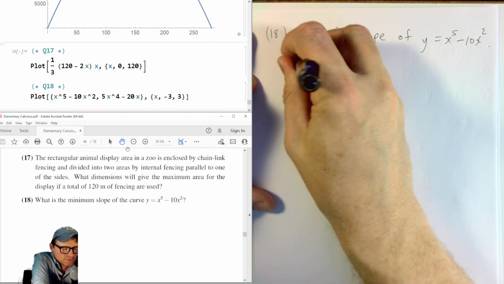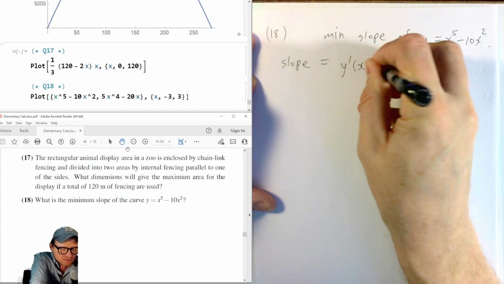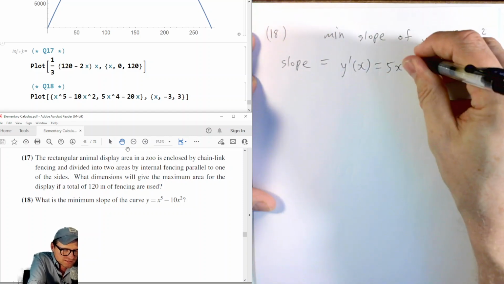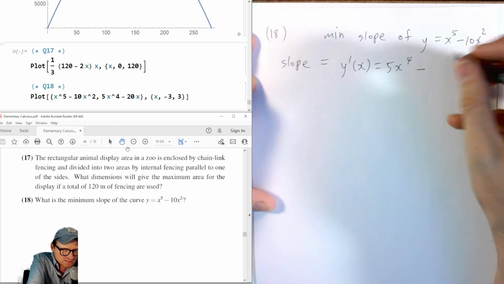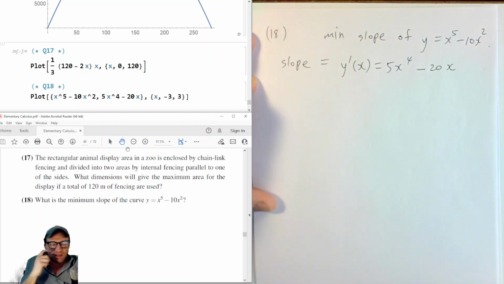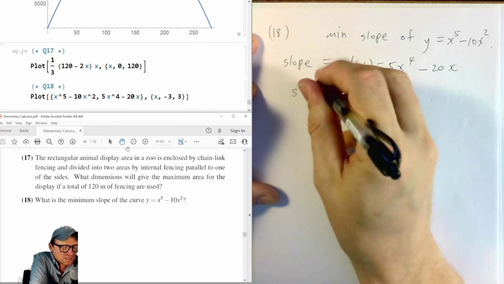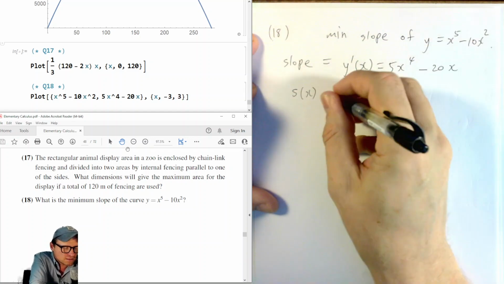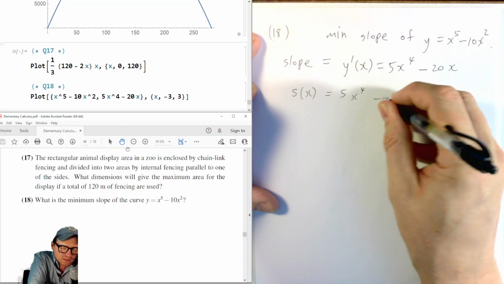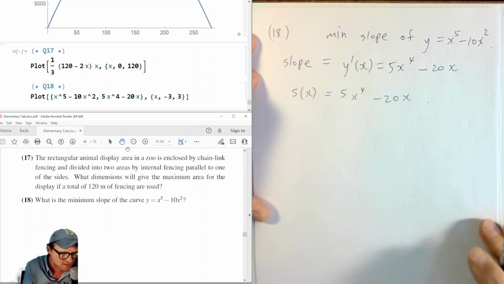The slope is equal to y dash of x, which is 5x to the 4th minus 20x. And so let's rename this so it doesn't get confusing: S as a function of x is 5x to the 4th minus 20x. All right, so we want to find the minimum value of S.